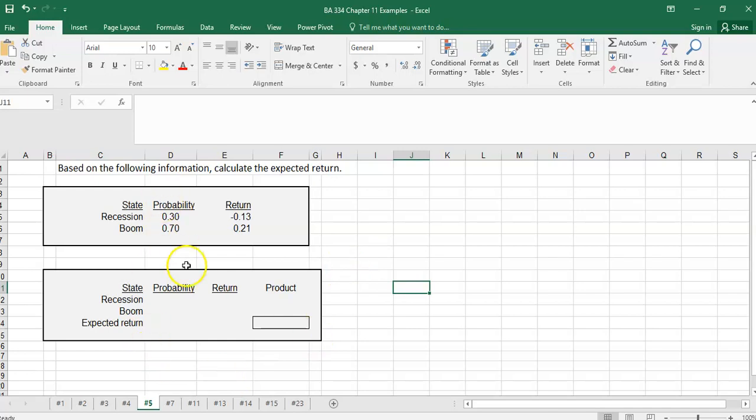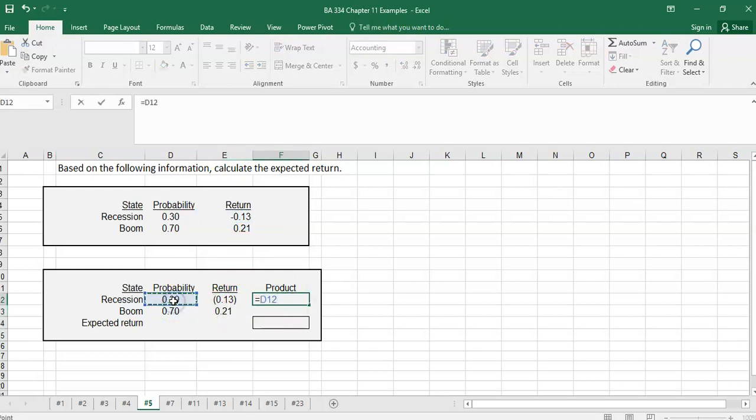So for the probability and return, we're just bringing the information from the above so we can do calculations. So you take the probability times the return associated with that probability.